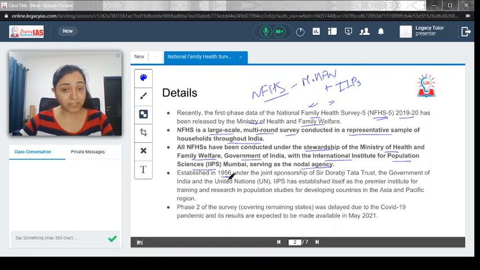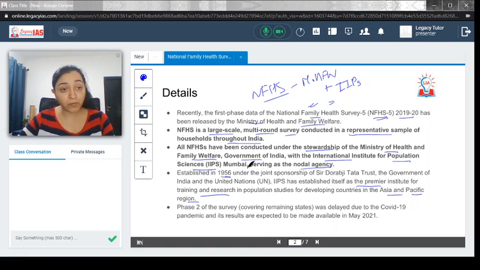Established in 1956 under the joint sponsorship of Sir Dorabji Tata Trust, Government of India and the UN. So this IIPS has been formed as part of the effort of the Tata Trust and Government of India, as well as funding from the UN, and it has established itself as a premier institute for training and research in population studies for developing countries in the Asia and Pacific region.